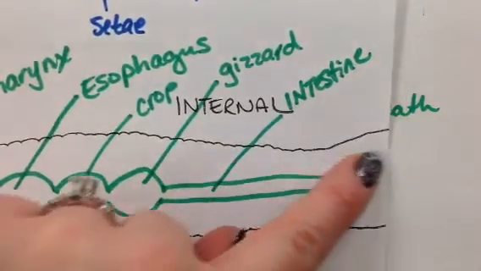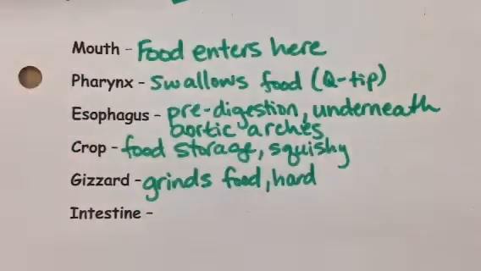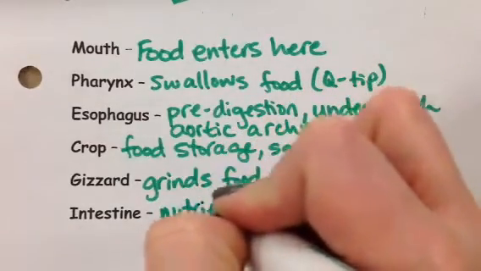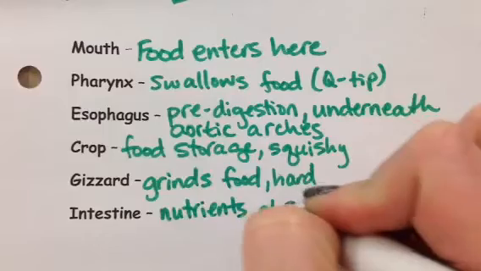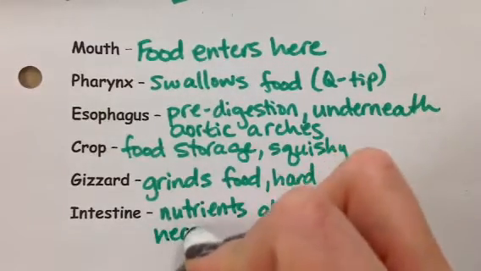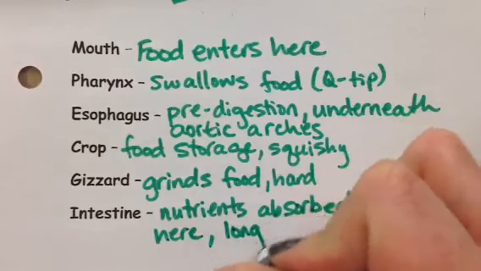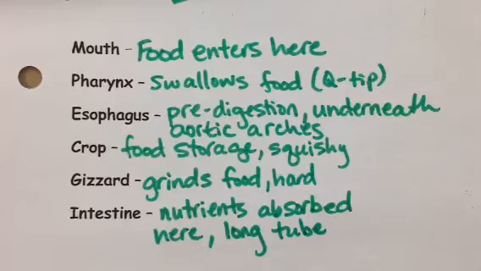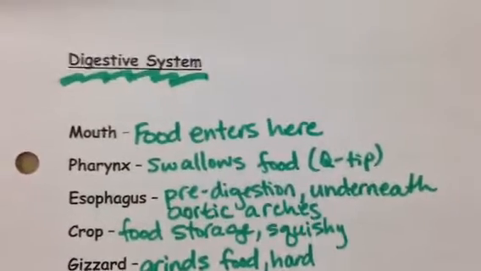Like I said, it does continue on all the way. Okay, so nutrients are absorbed here. And as you can imagine, it is a very long tube that extends all the way to the other end. Okay? And that's going to end our digestive system.